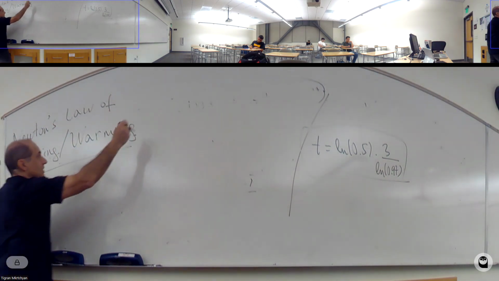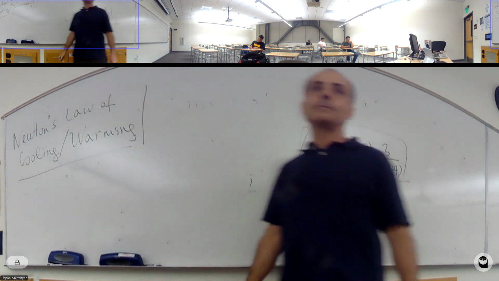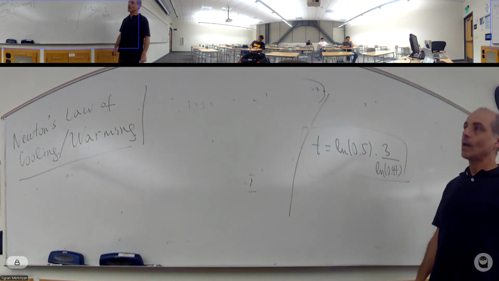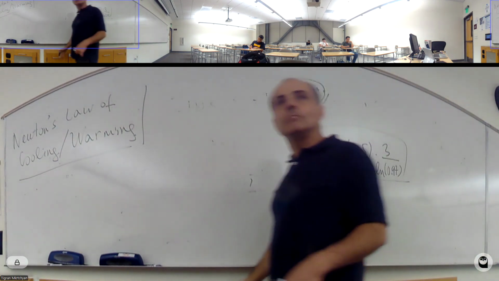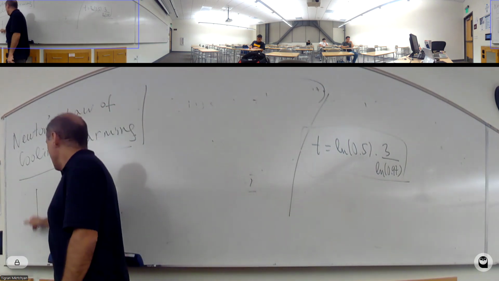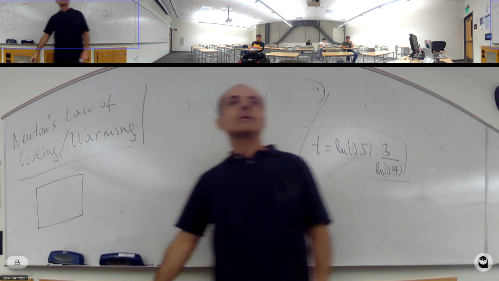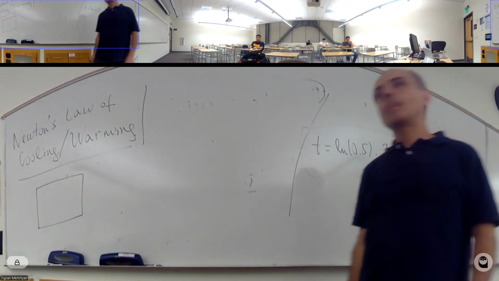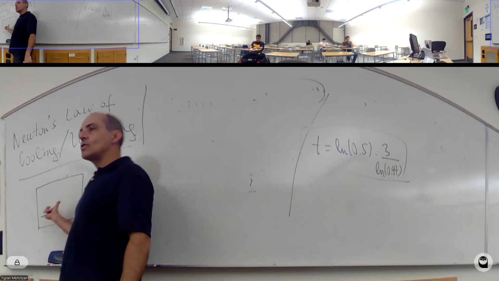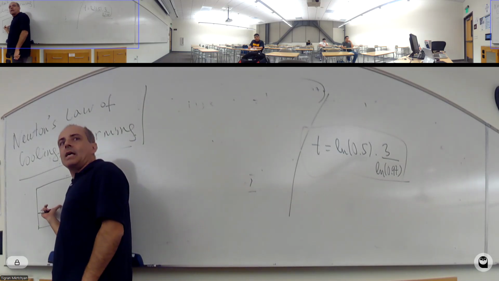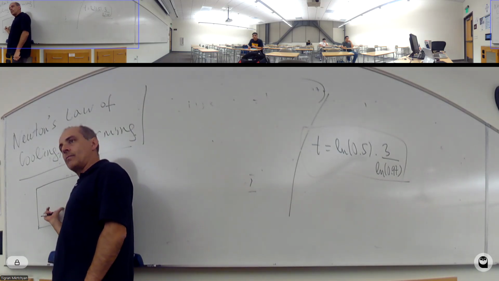So let's say we have the following situation. So we have some environment. This could be a container, could be a room, some box. So this box or this room or this environment has some temperature.